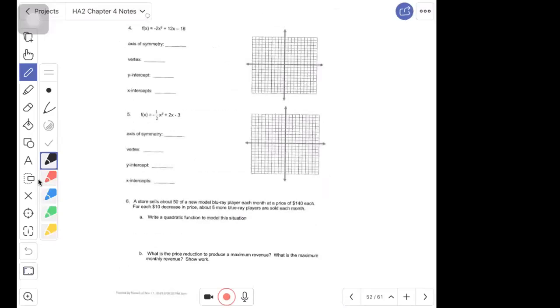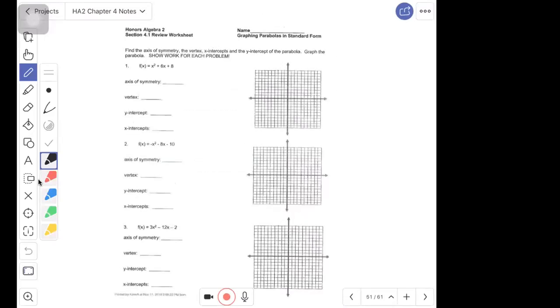So I can start one of the word problems with you. I think we feel confident on graphing.